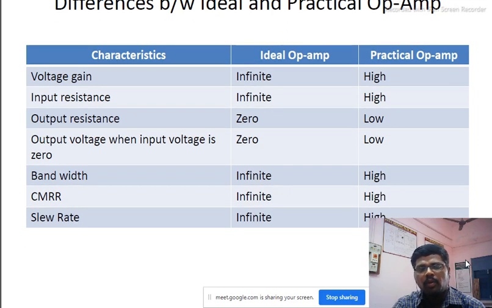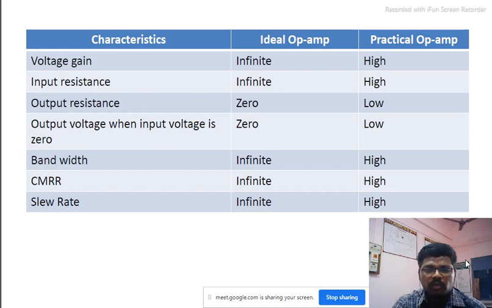Output voltage when the input voltage is 0: in the ideal op-amp the output voltage is also 0, but in practical op-amp it is low.